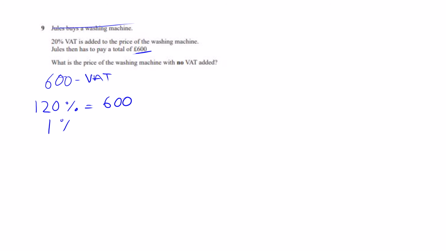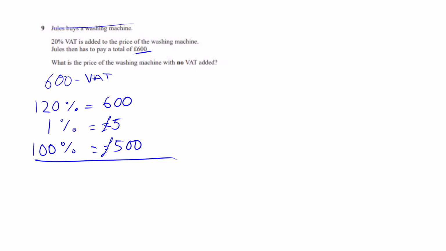So 1% is £5. We want to find 100%, so nice and easily, 100% is £500. And there is the price of the washing machine with no VAT added.